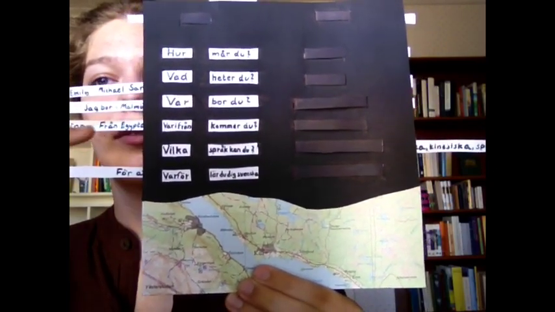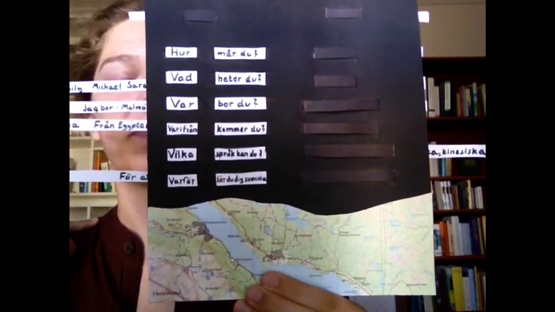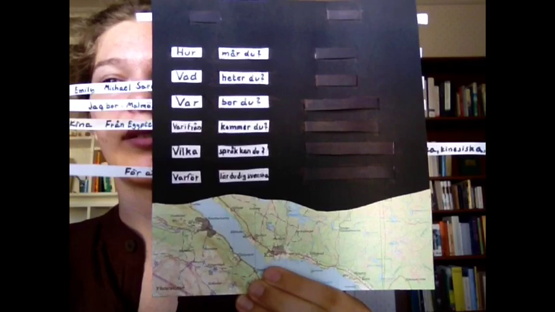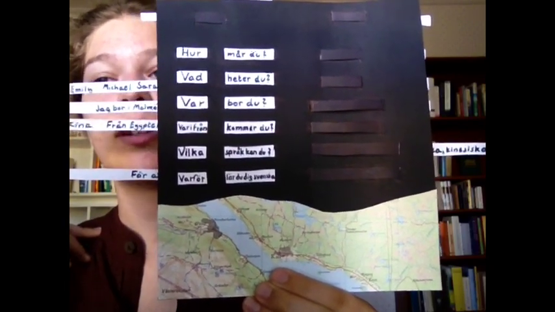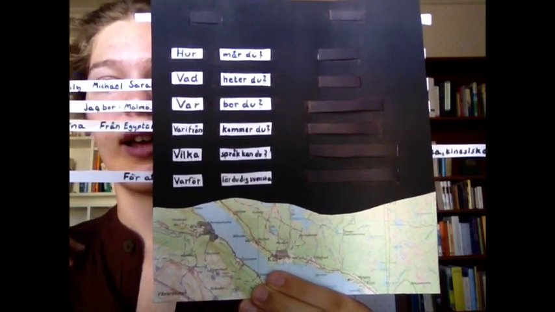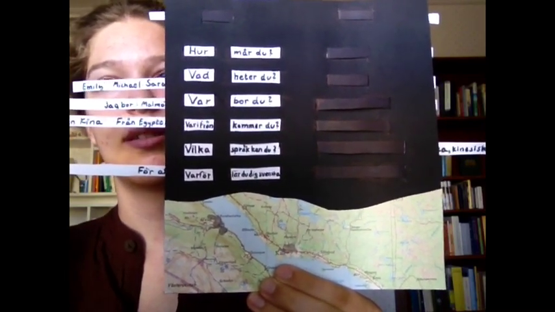And then we have var bor du? And here it starts to become different from English, the structure and the syntax. Because in English you of course say, where do you live? And in Swedish you say, where live you?